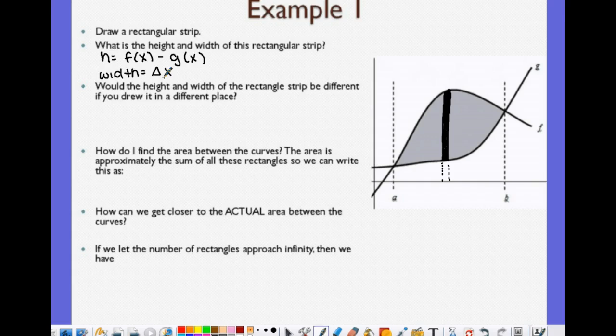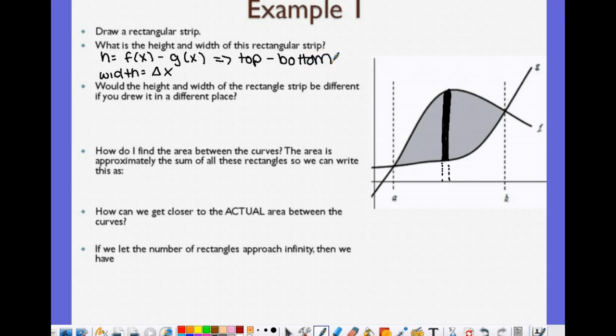We're going to keep that concept in mind that it's the top minus the bottom. The height is truly represented by the top curve minus the bottom curve.